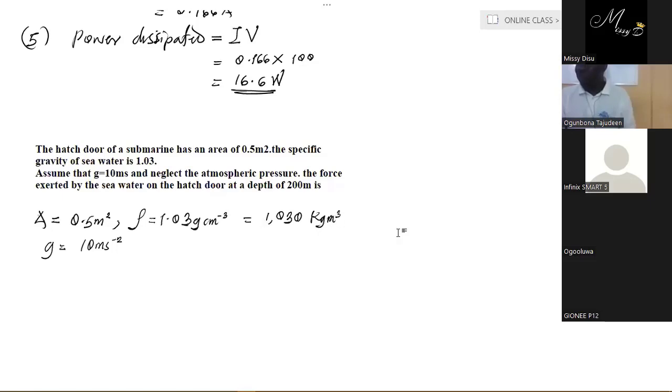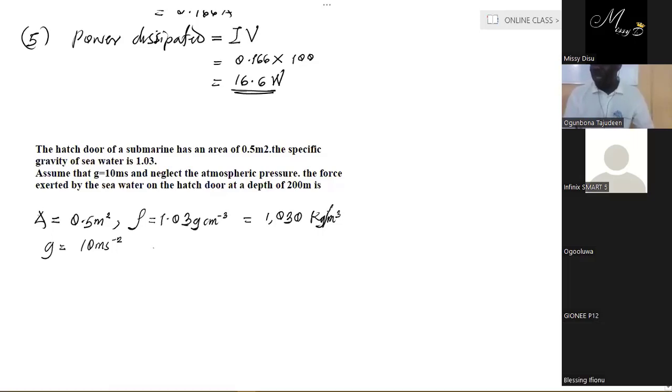Then we have the acceleration due to gravity as 10 meters per second squared. Neglect the atmospheric pressure. The force exerted by the sea water on the arch door at a depth of 400 meters is dash.